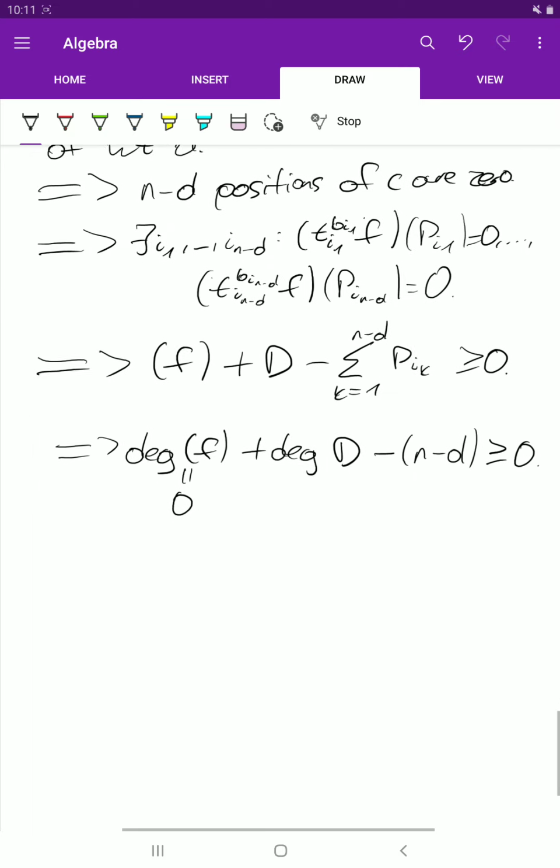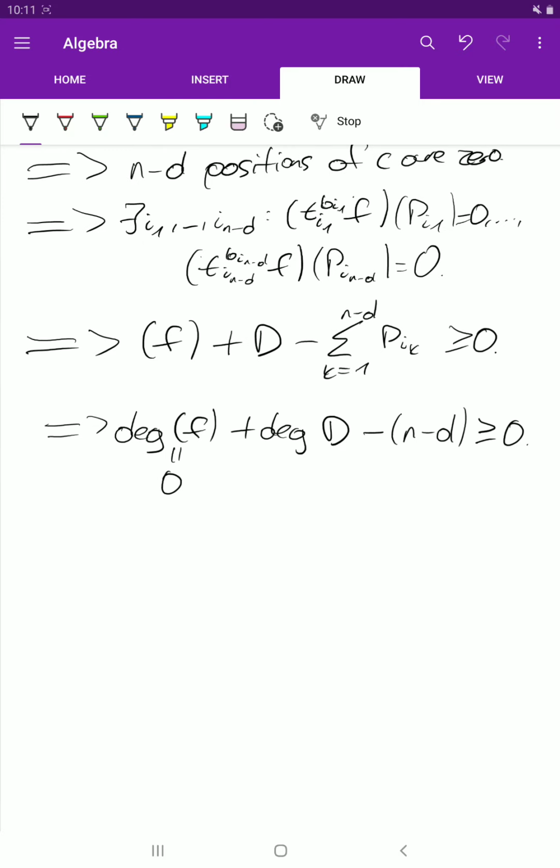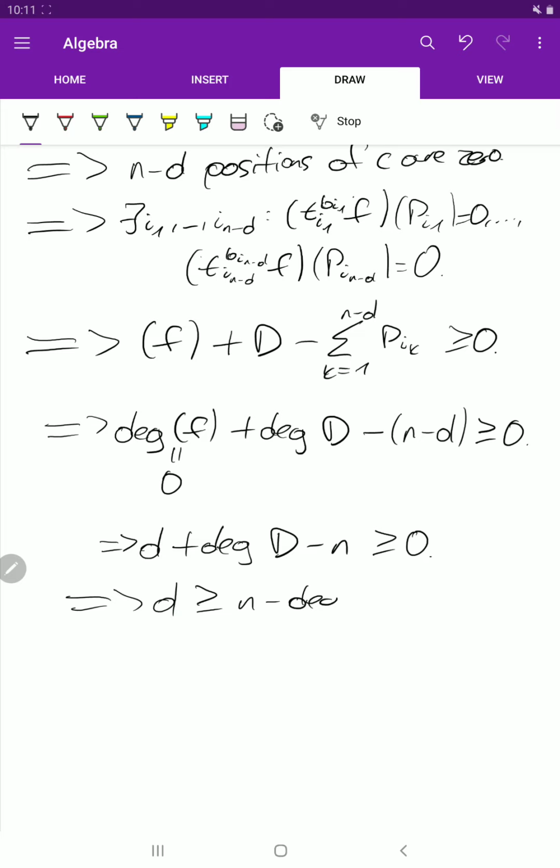And so we use that. And from here we get that the left-hand side is just d plus the degree of D minus n, and the right-hand side stays the same, and so we get that d is at least n minus the degree of D, what we wanted to prove. Okay, that's it. That's what we wanted to prove.